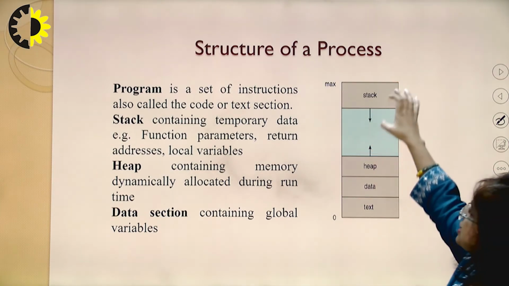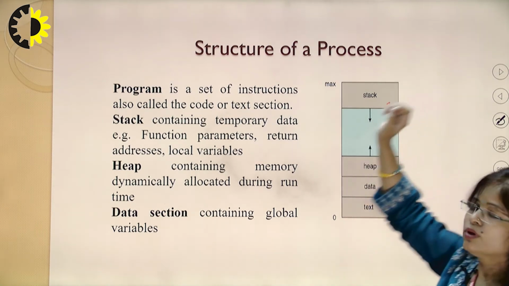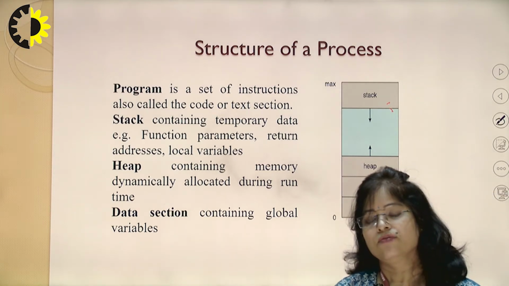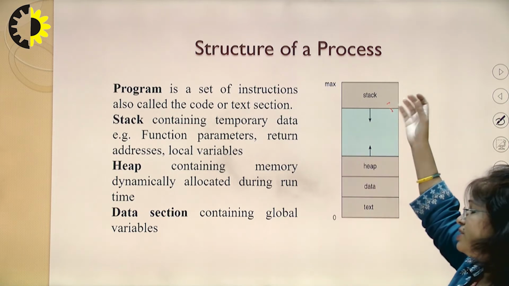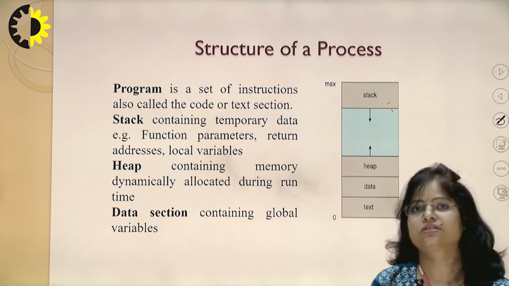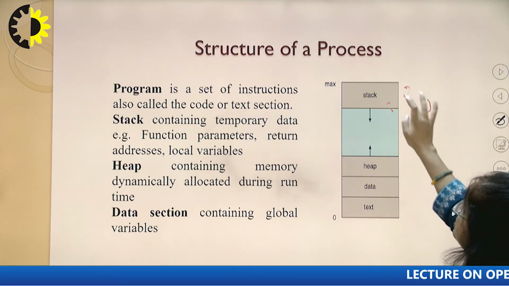Suppose here the first one is the stack, and we know the stack is a data structure which works in last in, first out manner. It is a data structure where the most recent element must be removed first. So all the temporary variables are stored in this section.